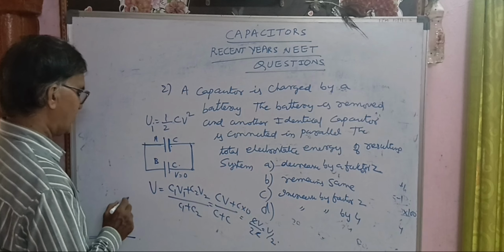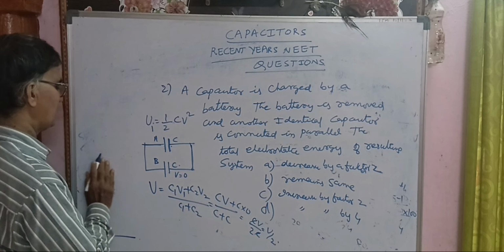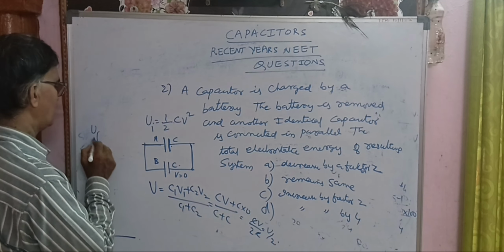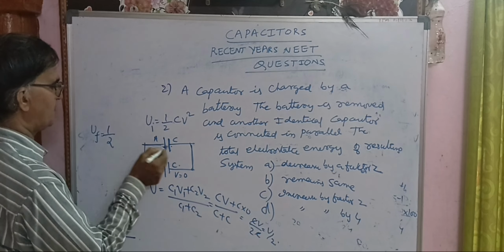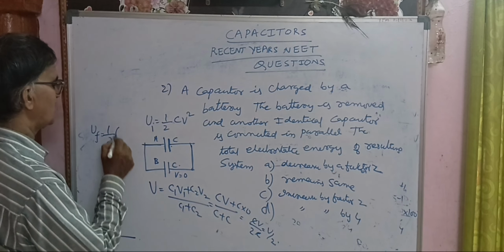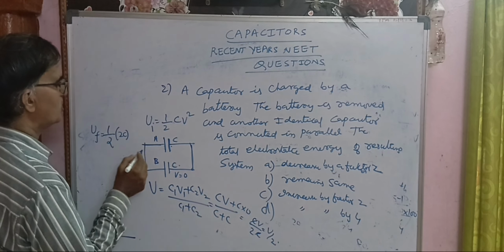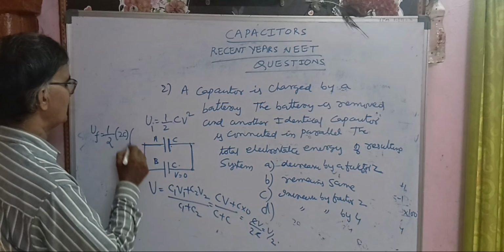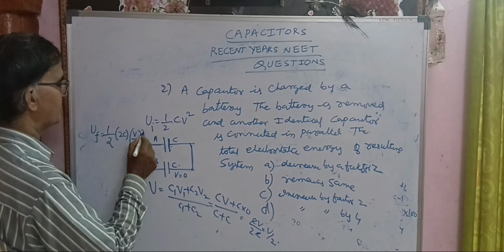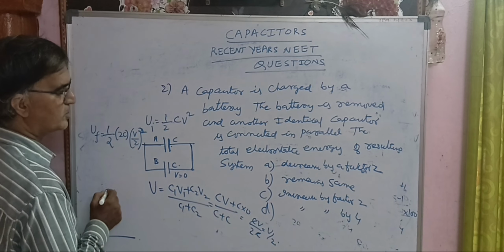Now he is asking for the final energy. So what should you do? Half into C plus C, that is 2C, and the potential is V by 2 whole square.